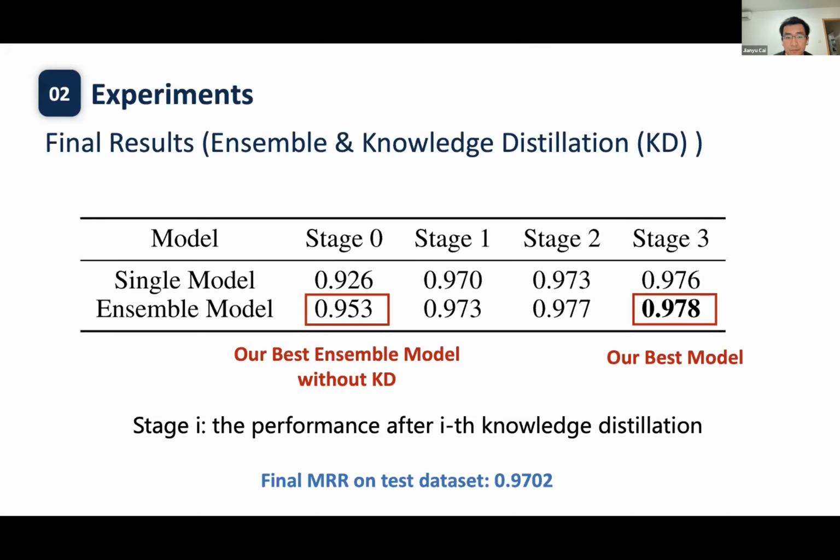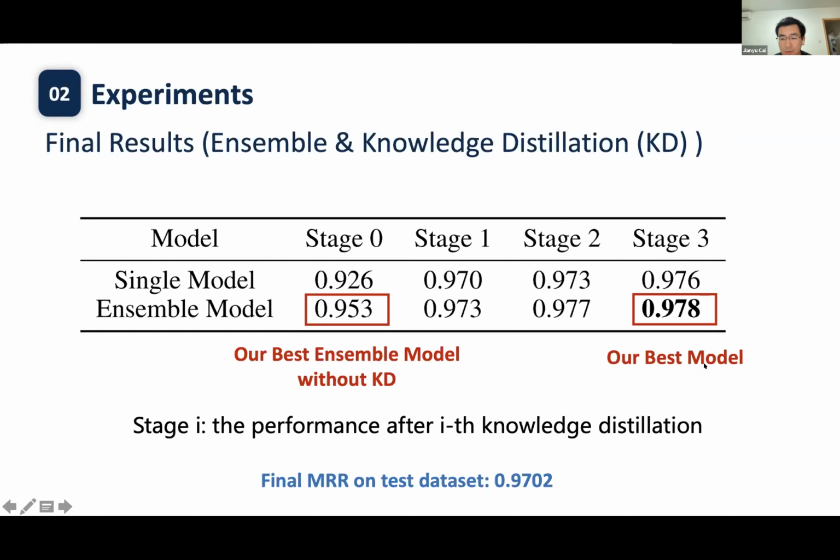So the ensemble method improves performance by 2.7 on the MRR. We also show how the performance increases according to the iterations of the knowledge distillation. We tried 3 iterations, and the final performance on the validation data set is 97.8.